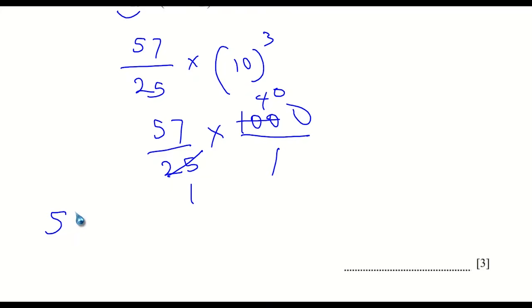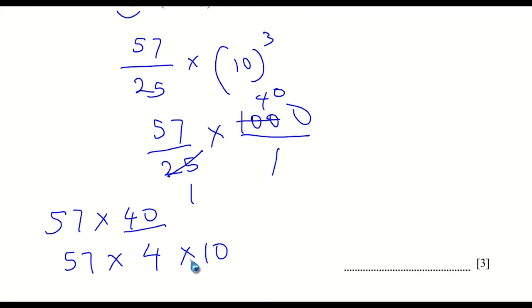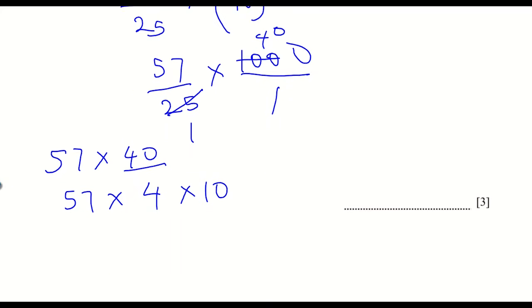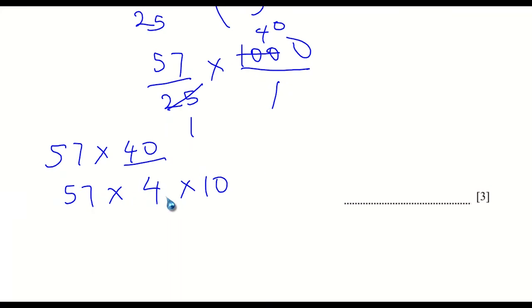If you want to do 57 multiplied by 40, you can equally do 57 multiplied by 4, then multiplied by 10. So you can decompose 40 into 4 times 10, and if you want, you can decompose it into 2 times 2 times 10. It depends on you. I think this one is pretty easier. So you do 57 multiplied by 4. 4 times 7, 28.